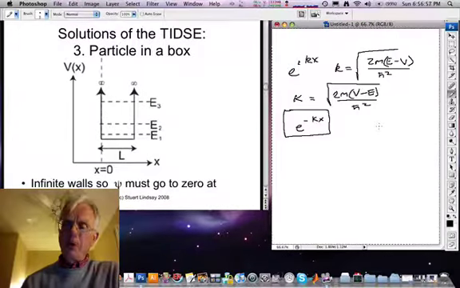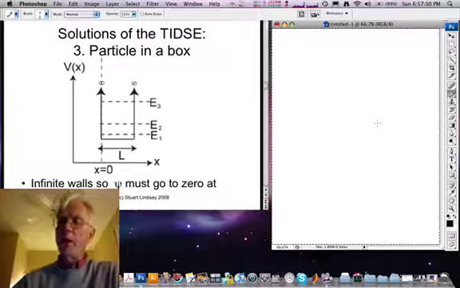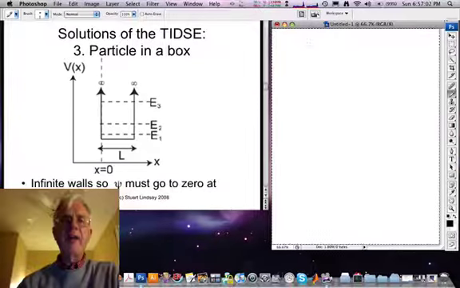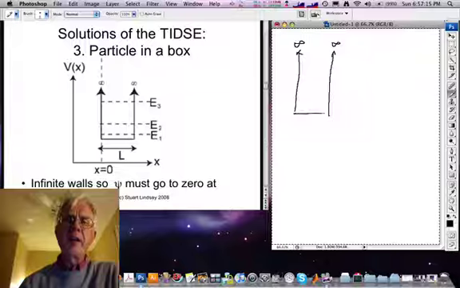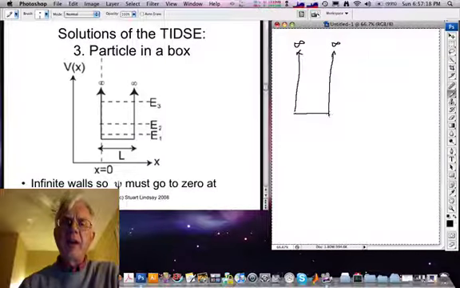Another important simple problem is that of a particle trapped in an infinite potential well. Now we use an infinite potential well purely as a calculational simplicity. The reason we do this is that if the potential outside of the box is really infinite, then the probability of finding an electron outside the box has to be 0, and therefore the wave function has to be 0 outside the box also.